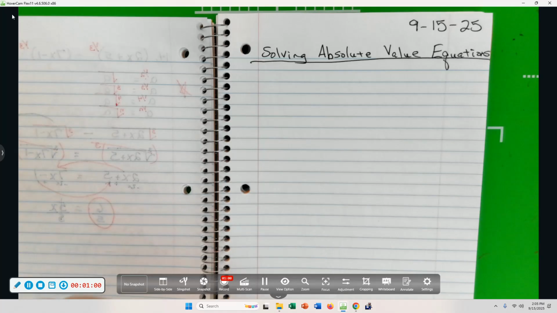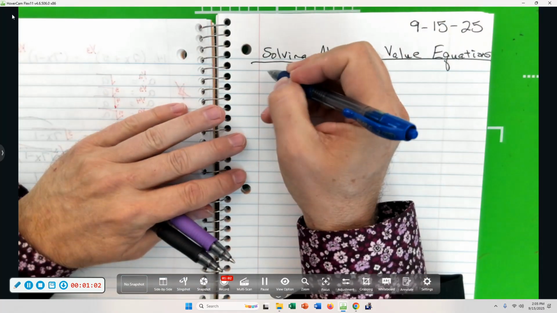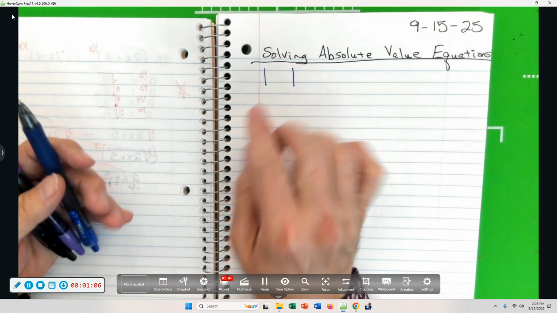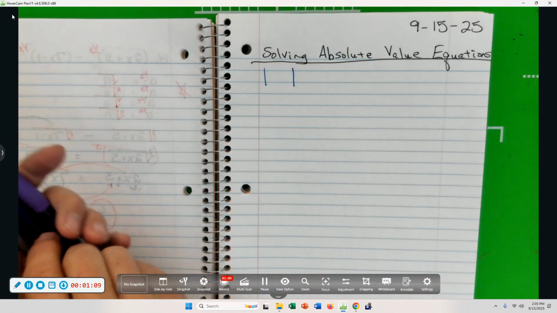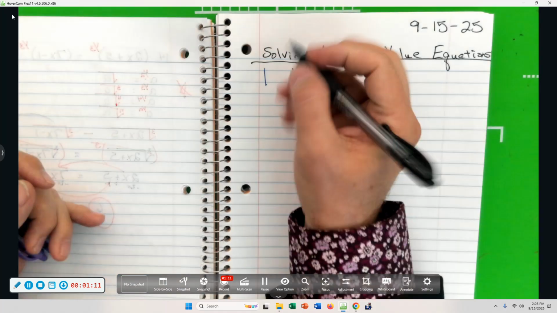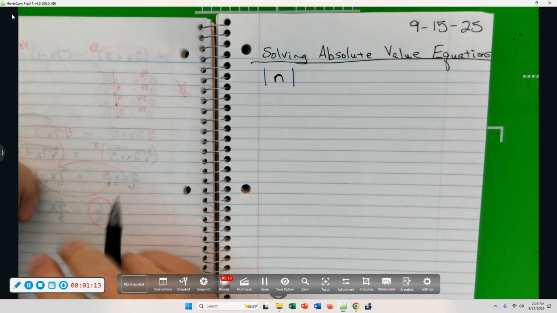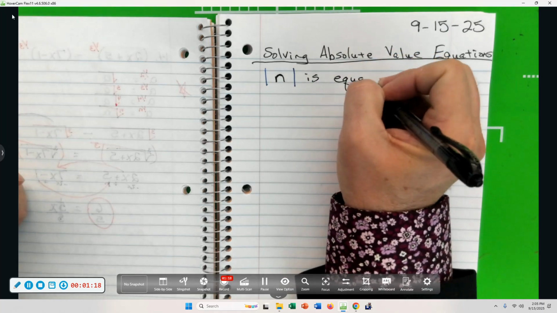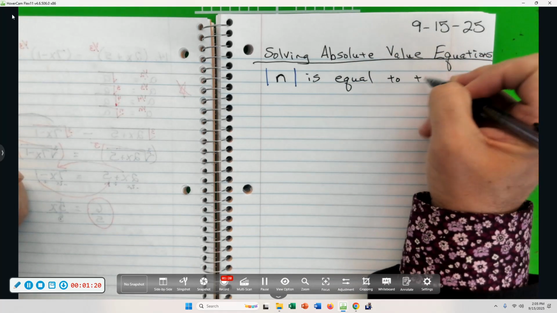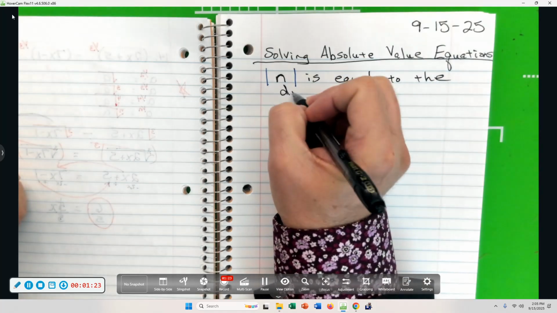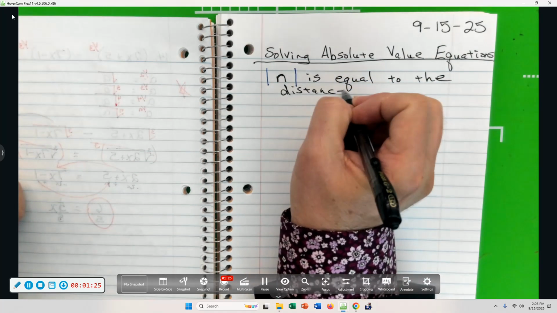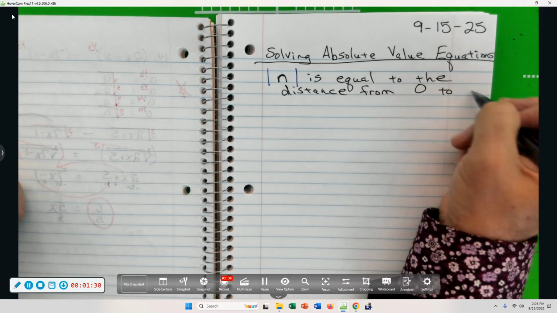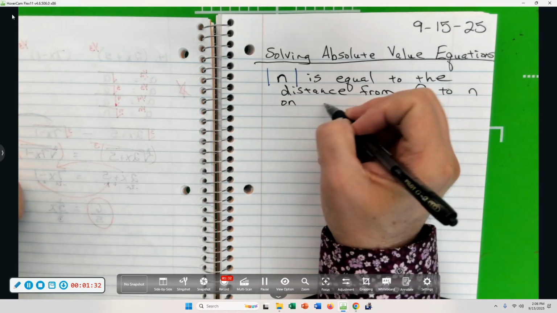Okay, here we go. These large vertical bars that I just drew represent the absolute value of a number. The absolute value of n is equal to the distance from 0 to n on a number line.